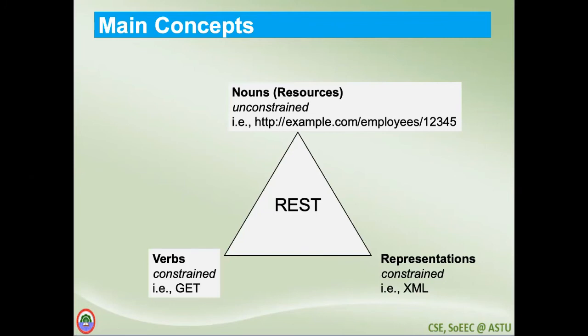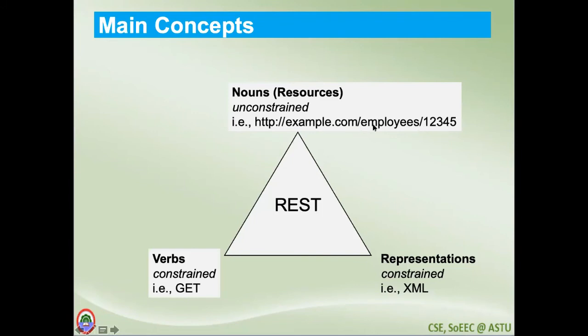If you want the 100th employee, after employees we can specify 100. 100 means it is going to refer to the 100th employee. Or if you want to do some operation on employee 1234, then we specify 1234.